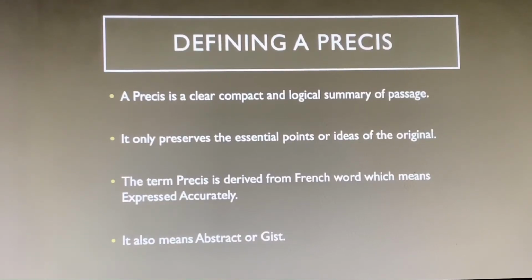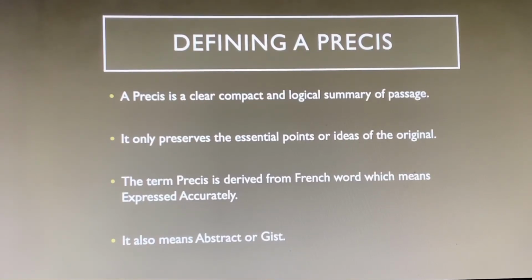Let's begin. Defining a Precis. A Precis is a clear, compact and logical summary of a passage. So it's a clear, compact, logical summary of a passage. A summary which you usually write for other topics also.